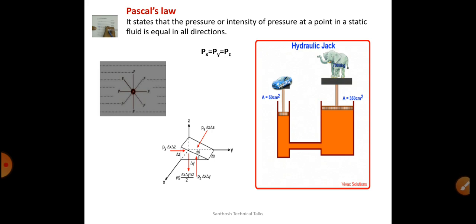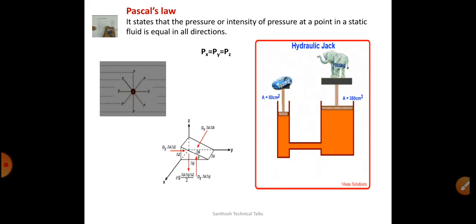Here we have to know Pascal's law. Whenever we study pressure in a fluid, we have to know Pascal's law. It states that the pressure, or intensity of pressure, at a point in a static fluid is equal in all directions. The live example is a screw jack or a hydraulic jack.